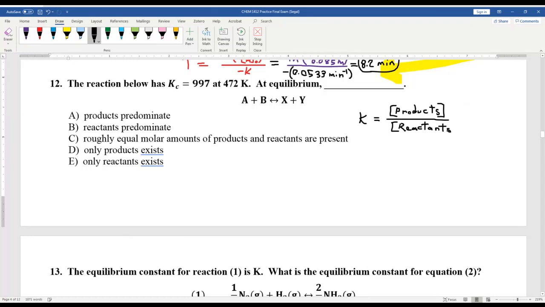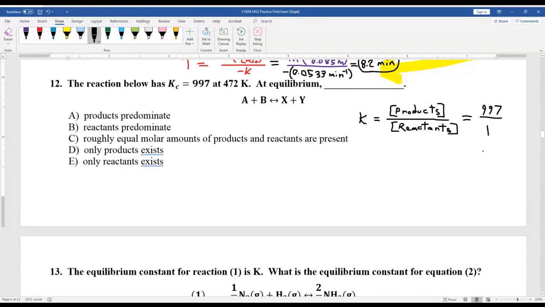When K is greater than 1, it means that, yeah, exactly, 997 means much more products than reactants. If we put this as a something to 1 ratio, it's basically a 997 to 1 ratio.